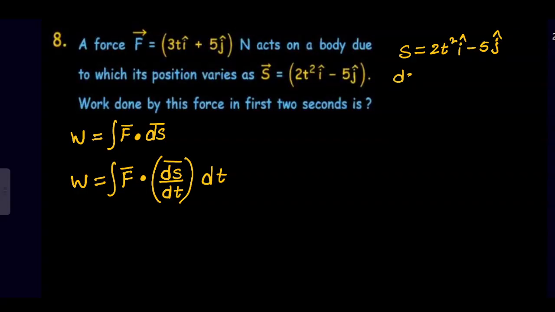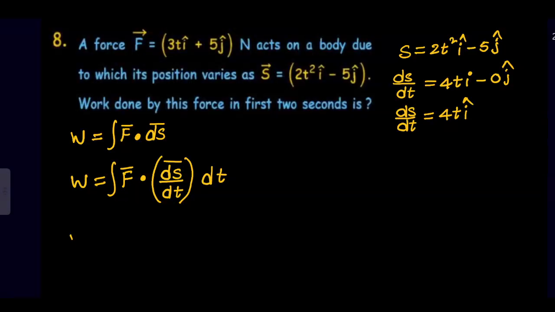Now I can find ds by dt by differentiating the displacement with respect to time. The differentiation of t square is 2t, so it will be 4t I cap, and the constant differentiation is 0. So ds by dt is 4t I cap.